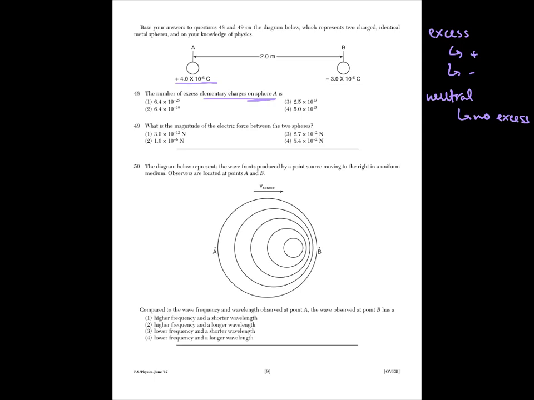We need to convert that to number of charges, number of particles, because each of them carries a specific amount. So 1e equals 1.6 times 10 to the negative 19 coulombs. We're going to use some ratio. The best way I tell you to convert between elementary charges and coulombs is this phrase method.